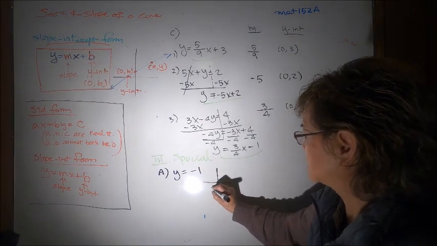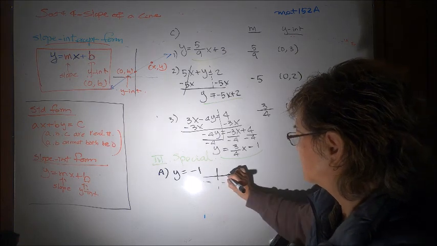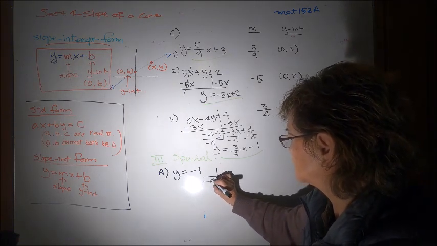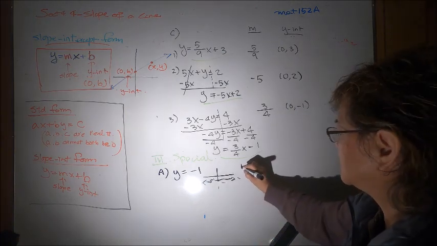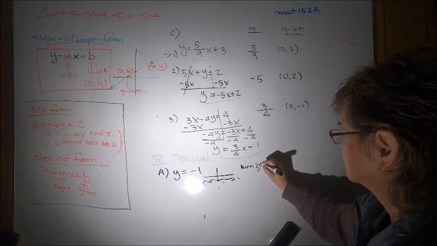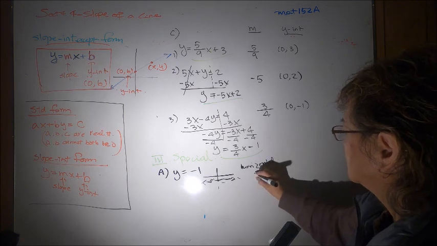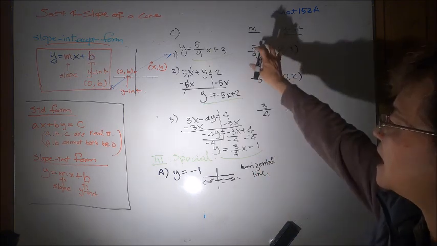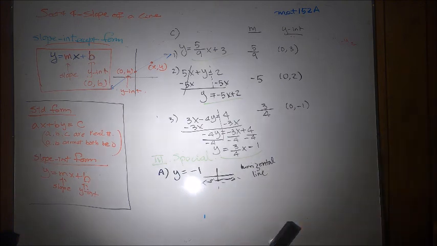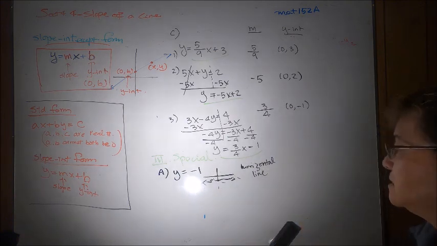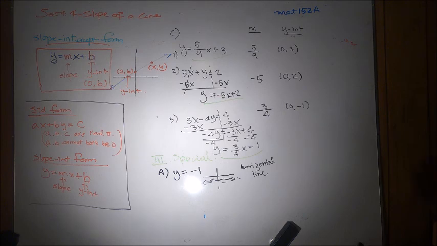Like that. X, y is -1. So it's like this. Right? So it's a horizontal line. It's not a slant line anymore if you have special cases. It would be either a horizontal line or a vertical line, right?